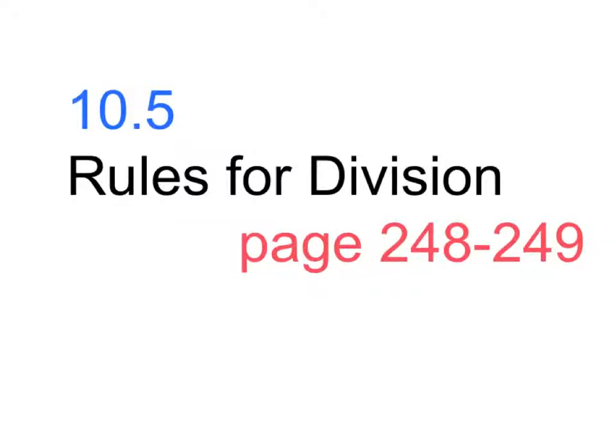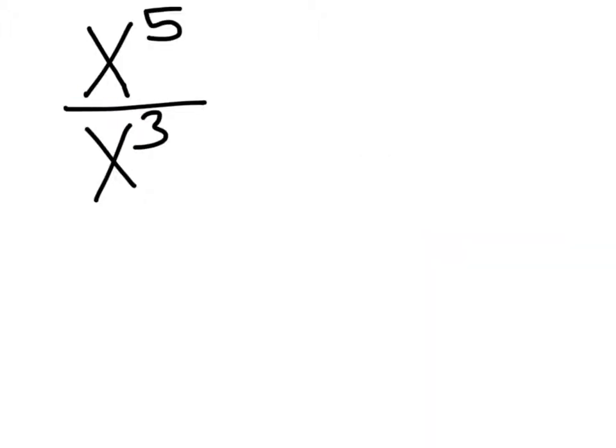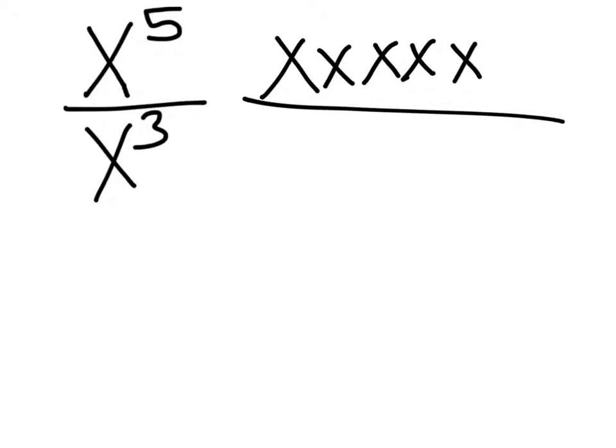Today we're going to be working on Chapter 10, Lesson 5, Rules for Division, using exponents on pages 248 and 249. Yesterday we had problems that looked a little bit like this, x to the fifth divided by x to the third, and we're going to write that as x's divided by 3 x's.